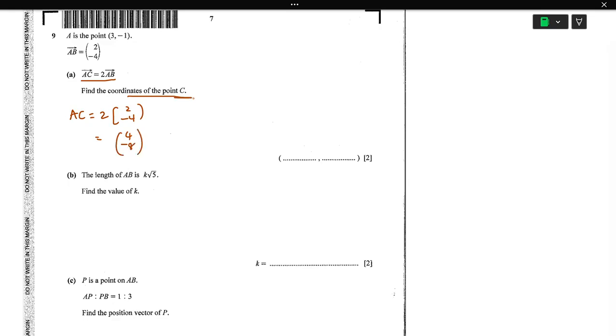Now we need to find the C coordinate. So A coordinate is 3 comma negative 1. Now this translation is happening, so it's 4 units right and 8 units down. So we'll write 3 comma negative 1 and 4 comma negative 8, which is going to be 7 comma negative 9.